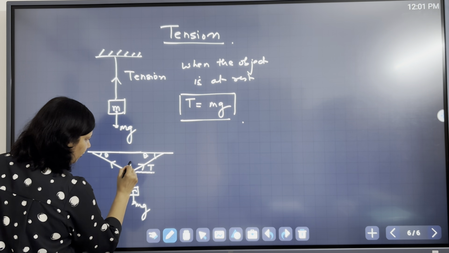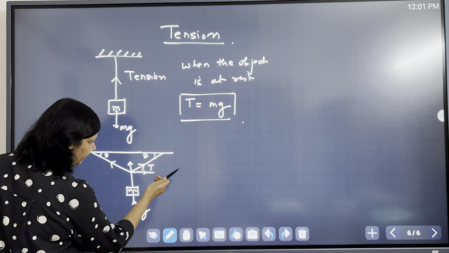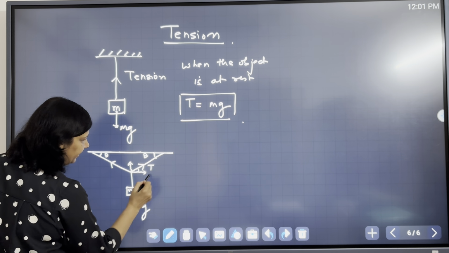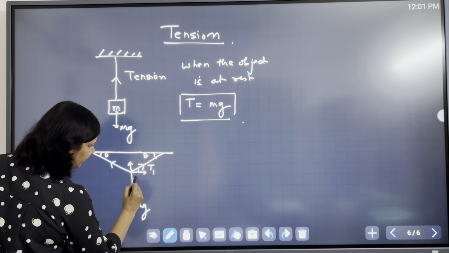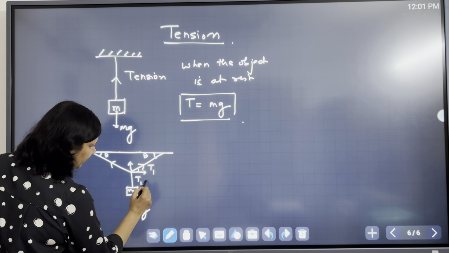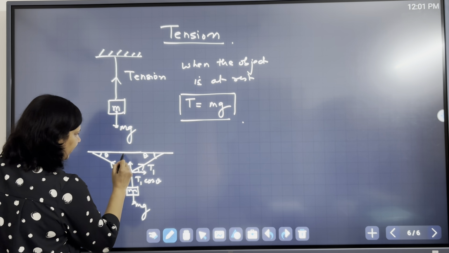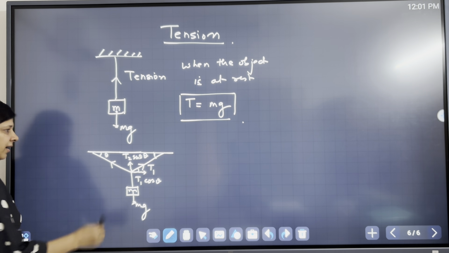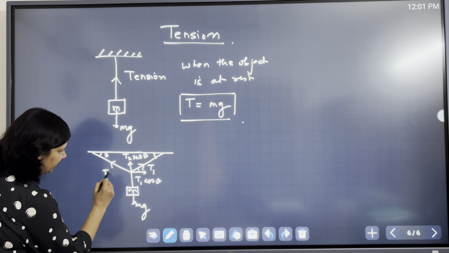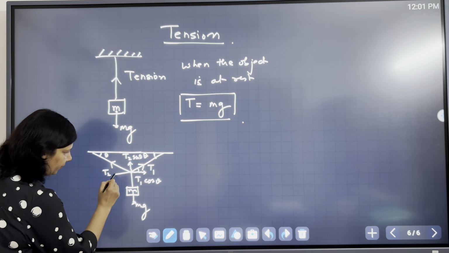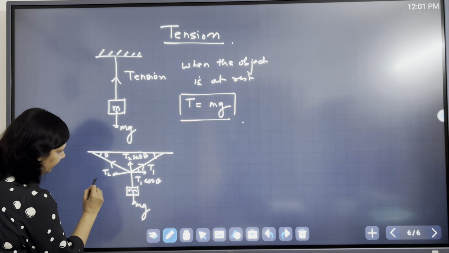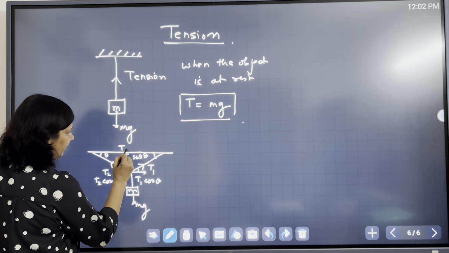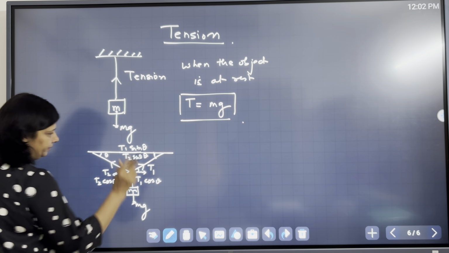you have to find the components that we have already learnt in vectors. This angle is theta, this will be theta. If this is T1 cos theta, and this is T2 sin theta. If this is a different tension T2, then this will be T2 cos theta and the upward component will be T1 sin theta.